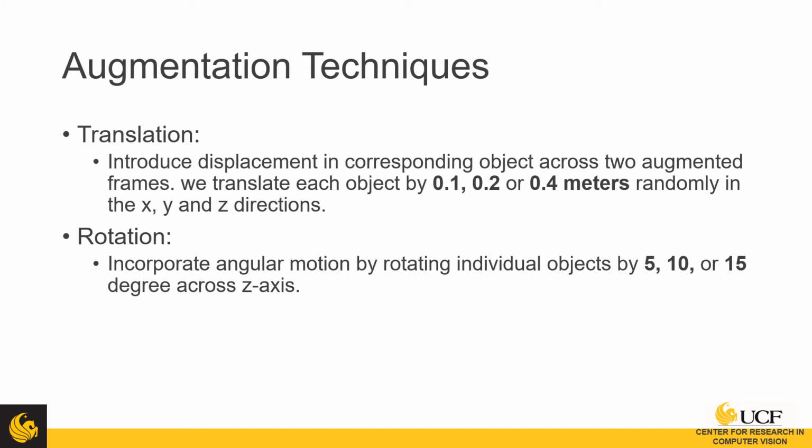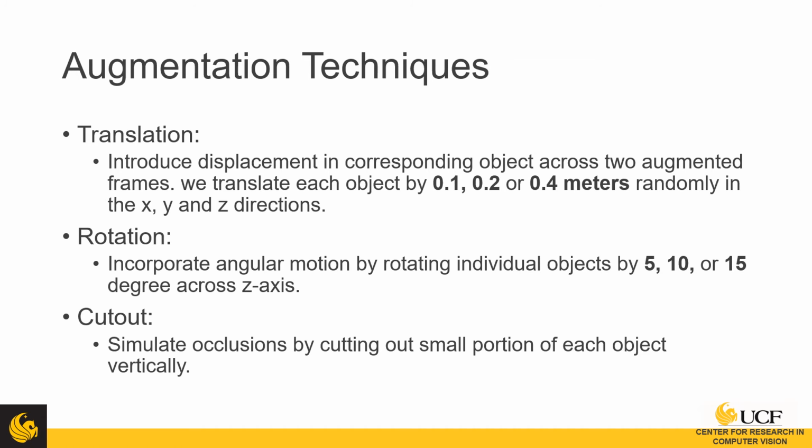Through rotation, we incorporate angular motion within the objects. We rotate by either 5 degrees, 10 degrees or 15 degrees randomly. And then we introduce cutout. Through cutout, we simulate occlusions and we cut out a small portion of the objects vertically.